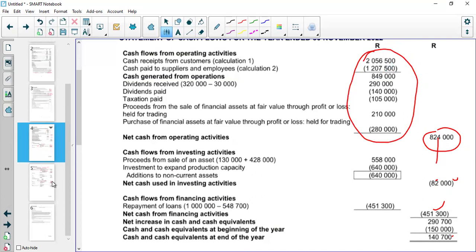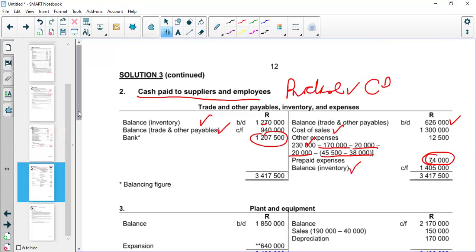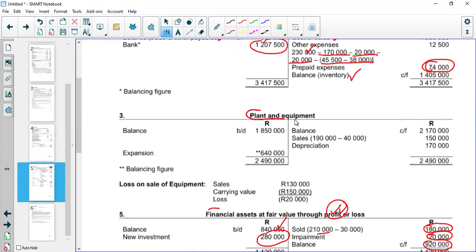Then finally, just a quick look at plant and equipment, general ledgers. We started with 1,850. Then we sold something. We removed 190. You remember? Then we also removed this 170 minus 40.